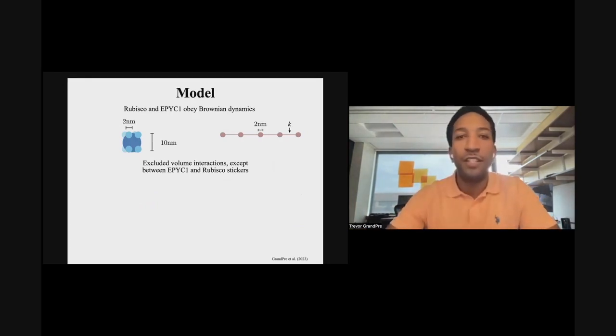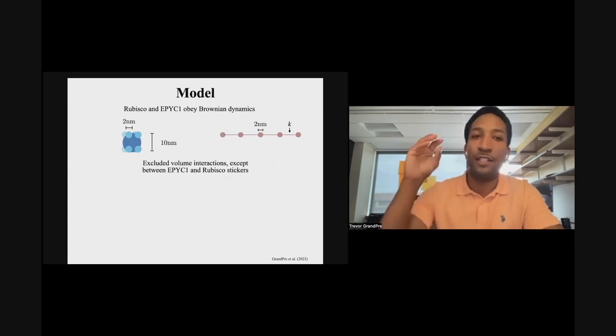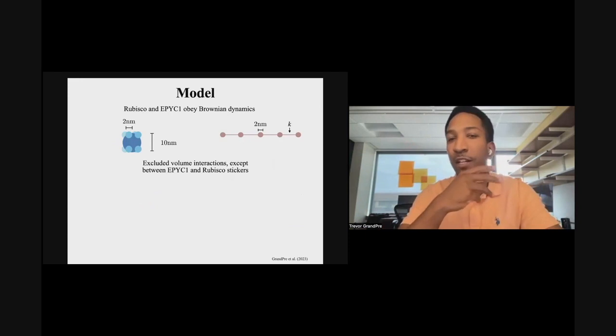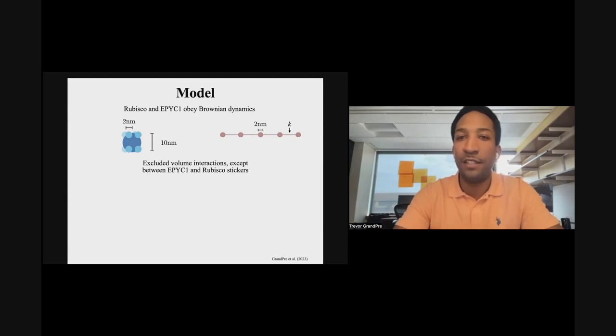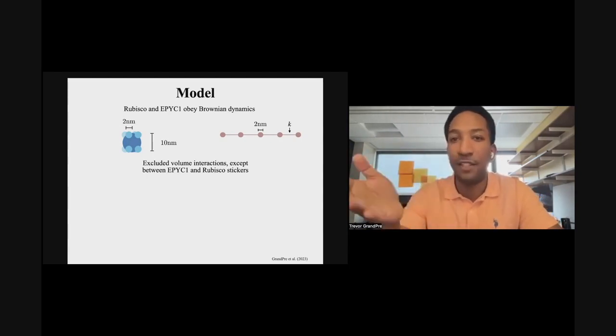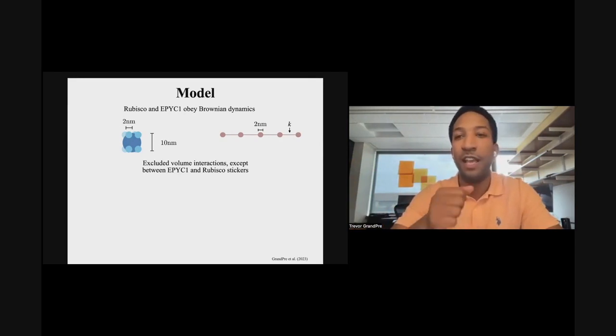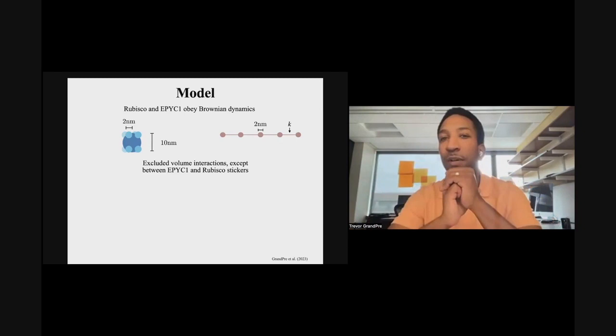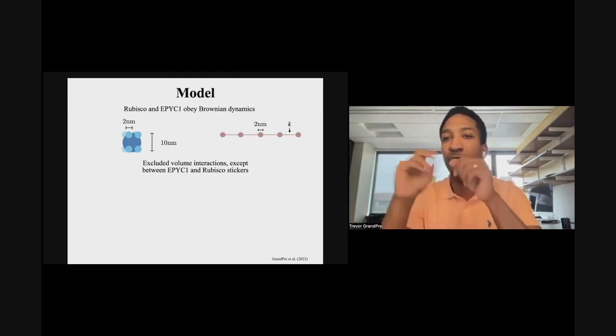So the model is, Rubisco is on the left. It has a 10 nanometer base and 2 nanometer stickers that are at 45 degrees from the top and bottom. And this is just based on the crystal structure that I showed you. And EPYC1 has 5 stickers that will bind to the Rubisco stickers, and the linker length is set by the spring constant K. So a larger spring constant means that the linker length will be smaller.